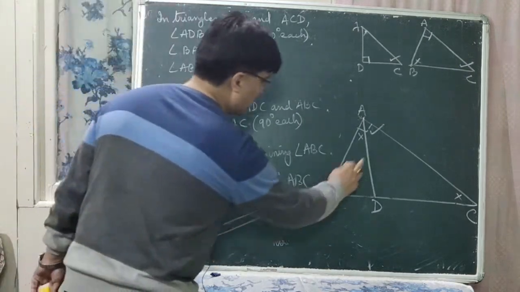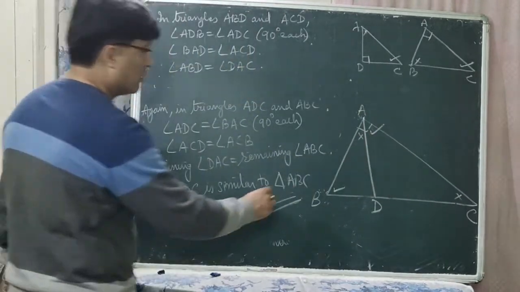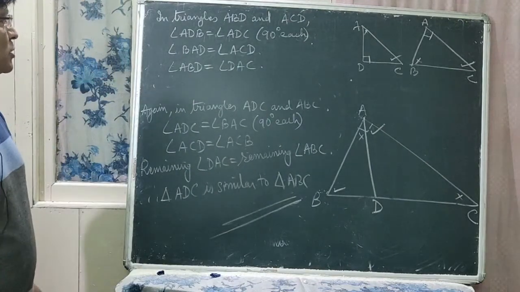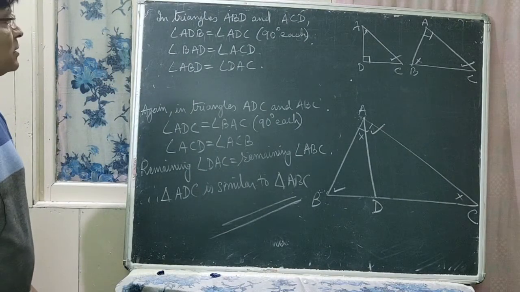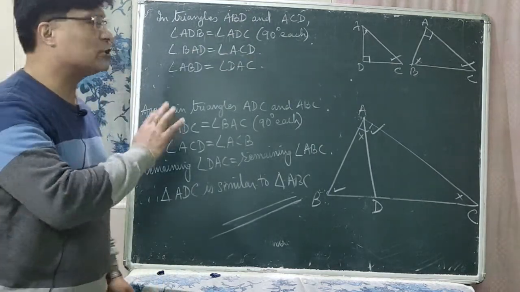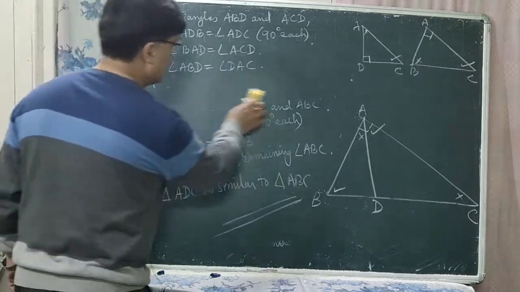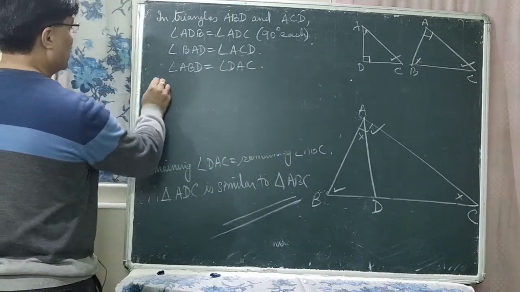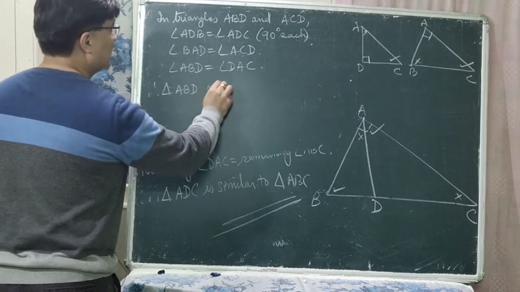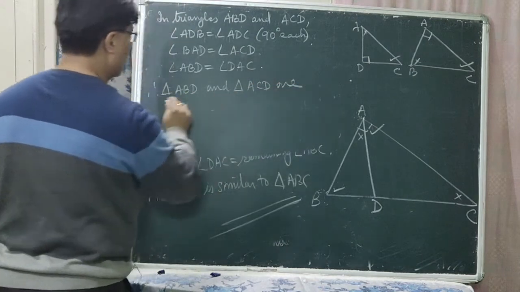So these two angles are also equal. That is angle ABD is equal to angle DAC, and also angle BAD is equal to angle ACD. So I think you have understood it. So these two triangles are also similar because for these two triangles also the corresponding angles are equal, right? So therefore triangle ABD and triangle ACD are similar.